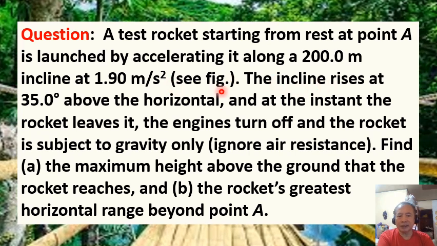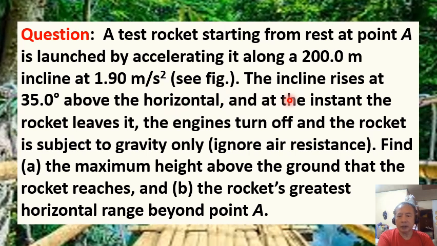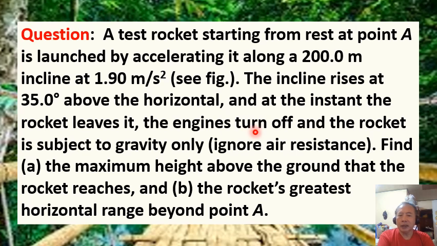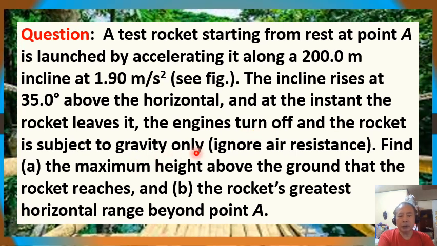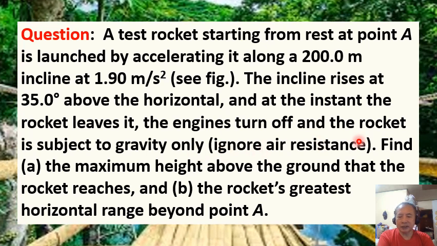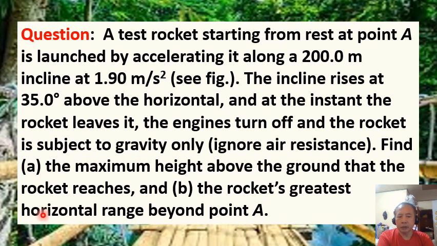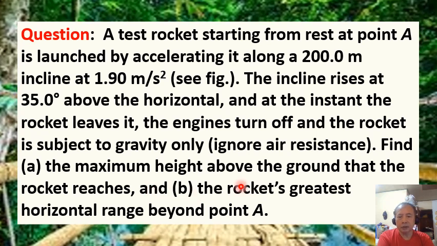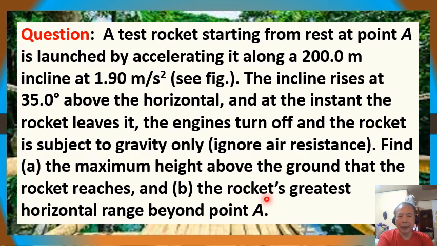The incline rises at 35.0 degrees above the horizontal, and at the instant the rocket leaves it, the engines are turned off and the rocket is subject to gravity only. Ignore air resistance. Find (a) the maximum height above the ground that the rocket reaches, and (b) the rocket's greatest horizontal range beyond point A.